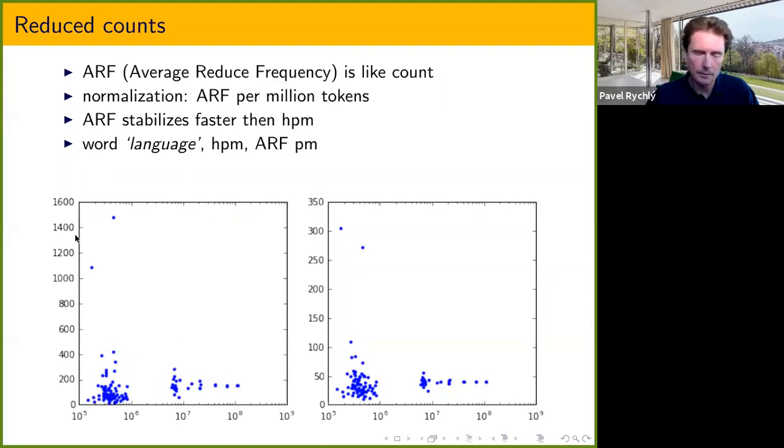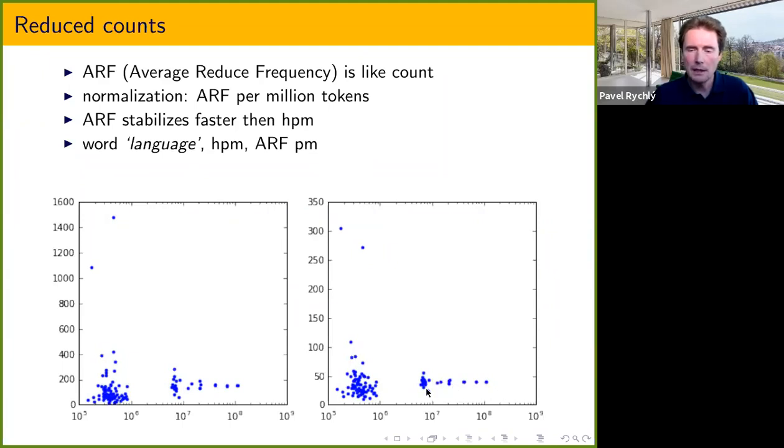These are graphs for the word language in the British National Corpus. The first graph is for hits per million, and the second is for ARF per million. We can see that the numbers stabilize at different levels. Here it's around 180, and here it is about 45.